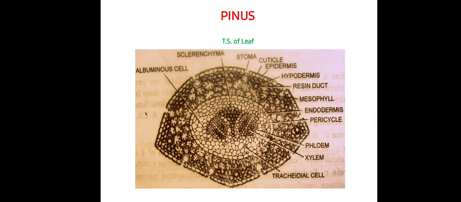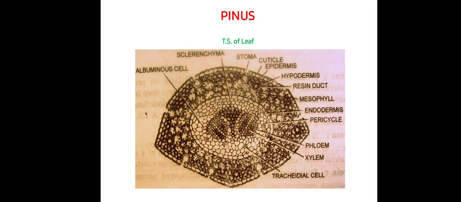Only the midrib is present in the leaf and lateral veins are absent. The characteristic feature is that transfusion tissue replaces the lost lateral veins. In transverse section, the needle is triangular in shape. The three main parts in the needle are epidermis, mesophyll and vascular bundles.